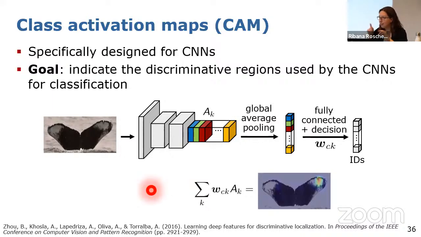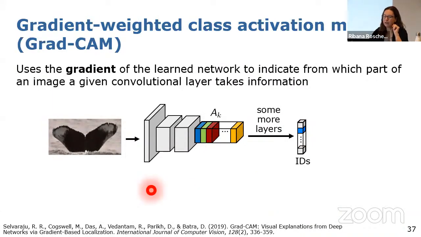And that's actually the reason why the gradient-weighted class activation maps were developed, which is an extension, and which weights the activation maps based on gradients. So now we analyze the gradients.